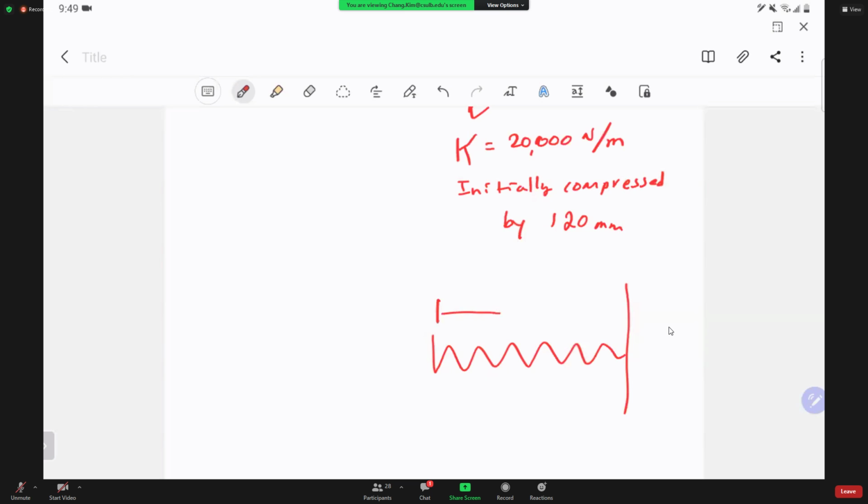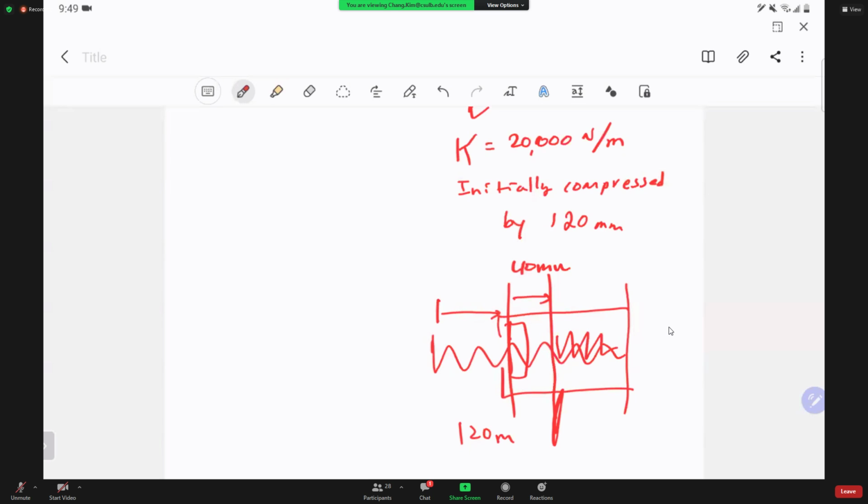Now I compress this about 120 millimeters, so this point is right here. Something is holding it right there. Then the block hits here and squeezes 40 millimeters more. This is where the block temporarily stops. Then because of the compression, it's going to kick that 60 kilogram luggage or whatever to the left. But let's not talk about that.